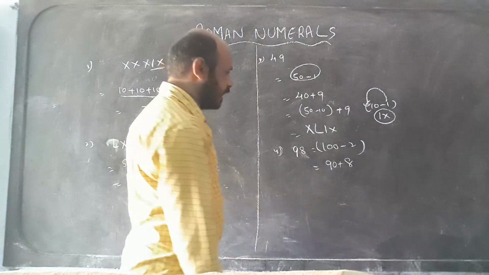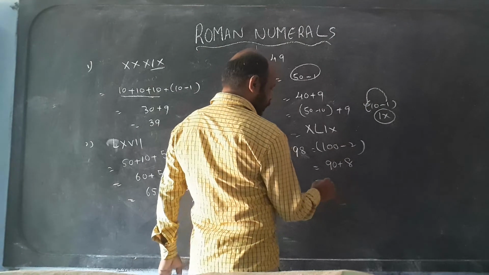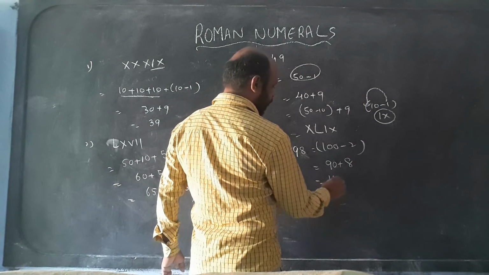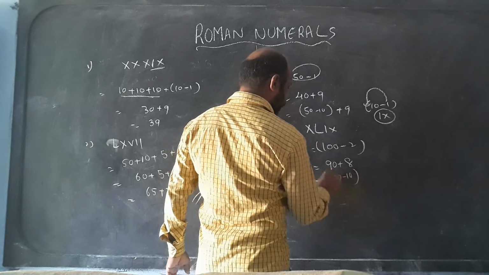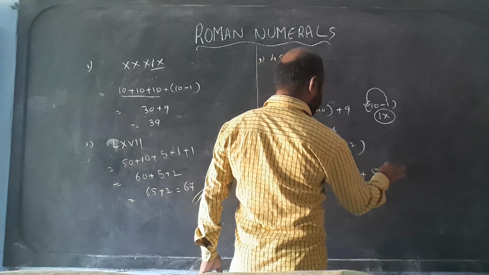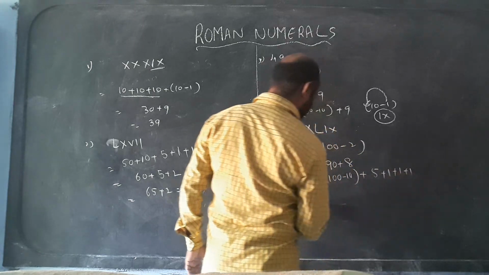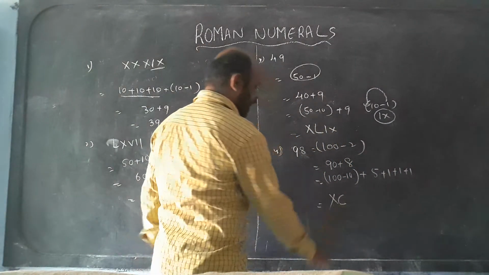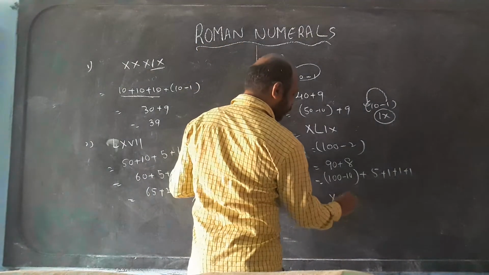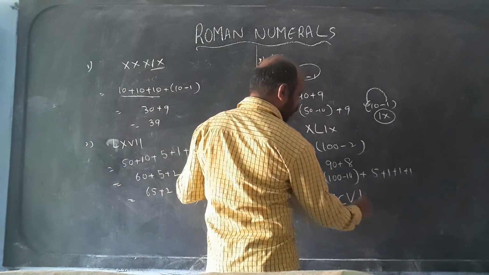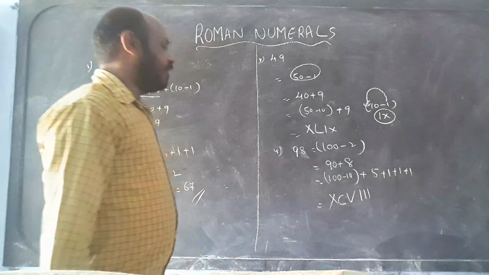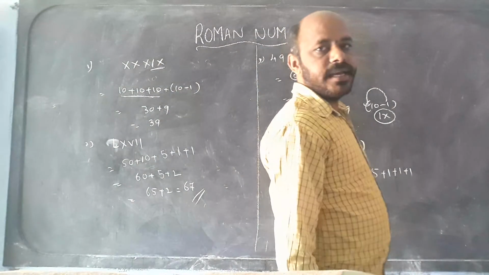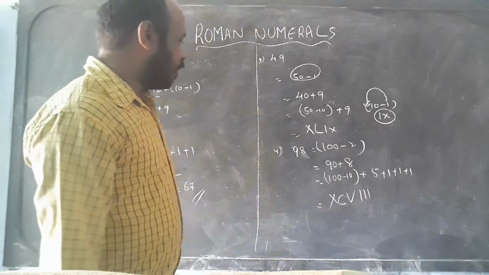How to write 90? 100 minus 10, plus 5 plus 1 plus 1 plus 1. 100 minus 10 means C with X on the left, XC. 5 is V, and I, I, I. So XCVIII. This is the Roman numeral value.